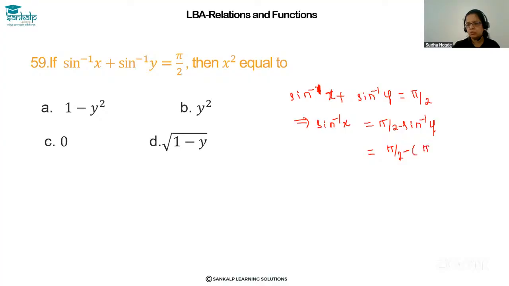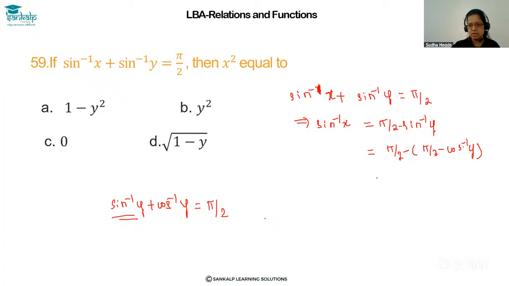So pi by 2 minus cos inverse y. Why? Because you have the result sine inverse y plus cos inverse y is equal to pi by 2. So sine inverse y is equal to pi by 2 minus cos inverse y. That's what I have substituted.